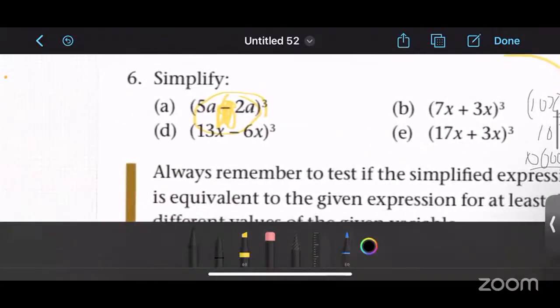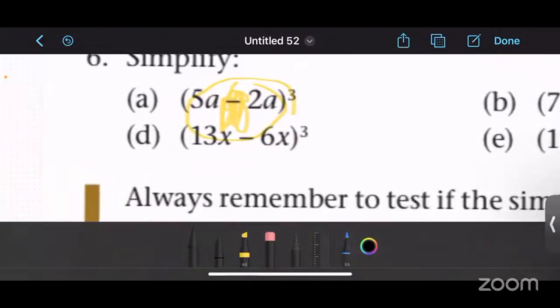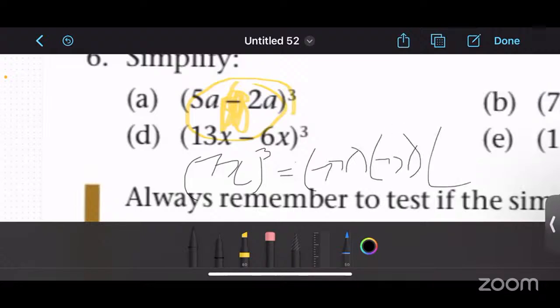Perfect. And if we look at D, we have 13x minus 6x, which is going to be 7x, right? 7x to the power of 3, which can also be written as 7x, 7x, 7x. 7 times 7 times 7, how much is it?